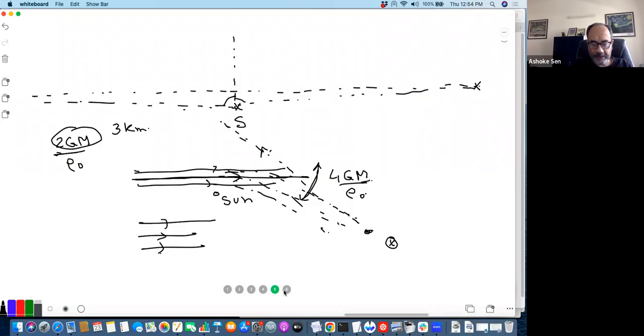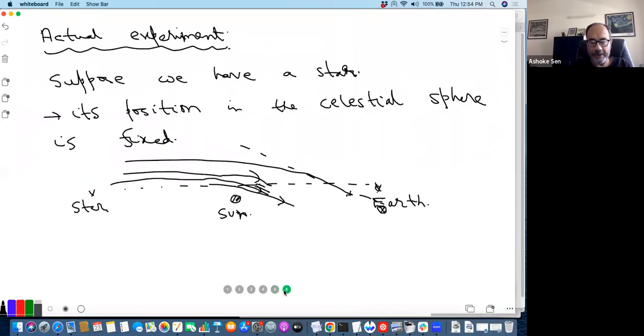The point is that we can measure this rho zero. How can we measure rho zero? Because we know the position of the sun very well. Astronomy tells us that if the sun comes in front of the star at a given time, then we know the distance from the direct path.